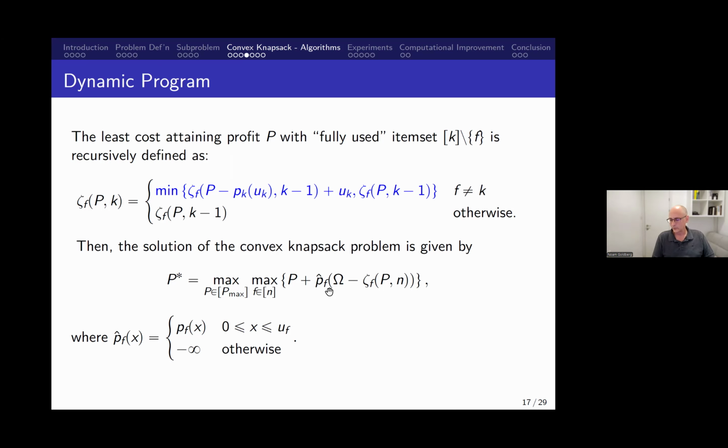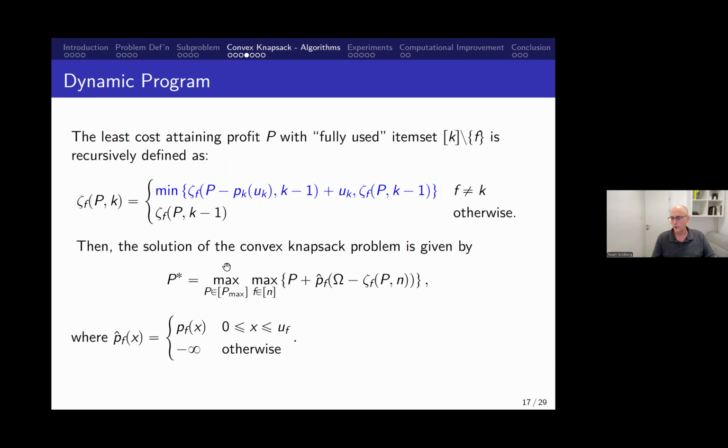The profit we get from the fractional item is just defined by its profit function, and what we get if it's feasible, or negative infinity otherwise.